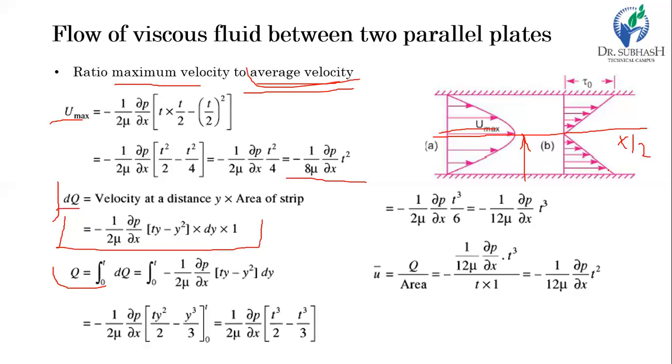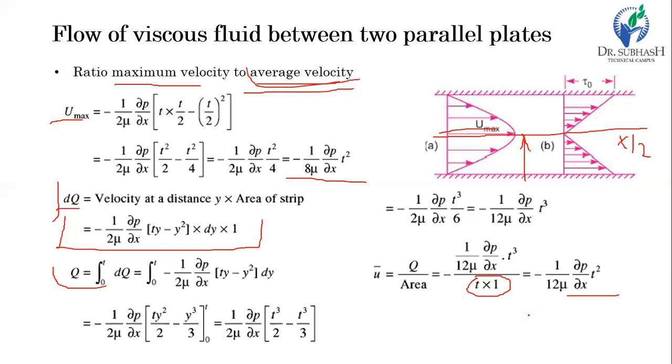So here height is t, which is nothing but the distance between two parallel plates, times the thickness that we have already considered as 1. So q is minus 1 by 12 mu times del p by del x into t cube, divided by t into 1. It is the cross section area between two parallel plates. So after simplification, we get the value of u bar, which is equal to minus 1 upon 12 mu del p by del x into t square.